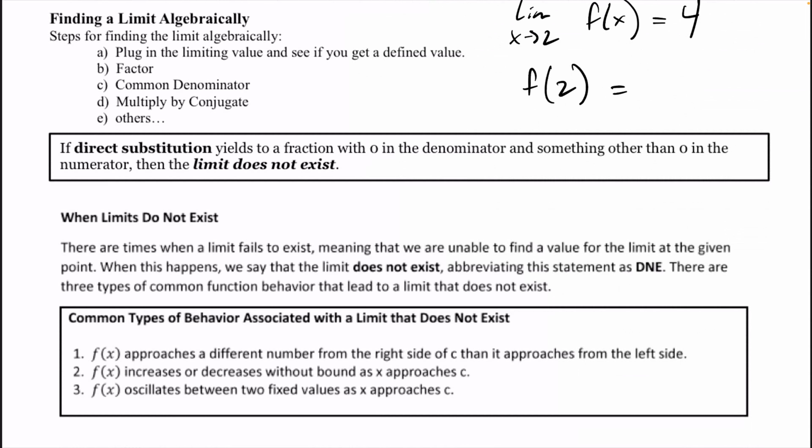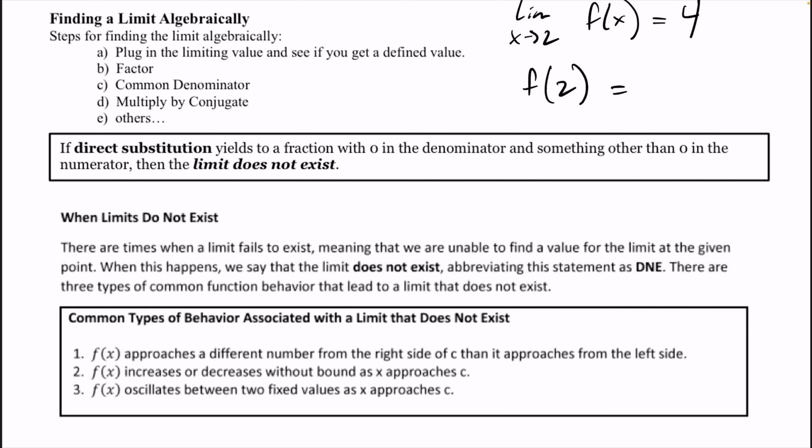Keep going. Keep going. If I get a non-zero over 0, we're done. Does not exist. That means the limit doesn't exist. Okay? So if I plug in my number and I get this, keep going. We still got work left to be done. If I get this, 12 over 0 or anything over 0, DNE, we're done.